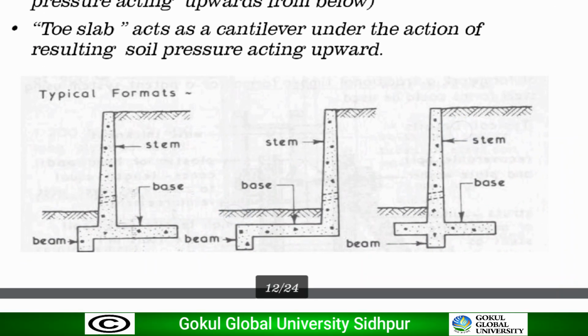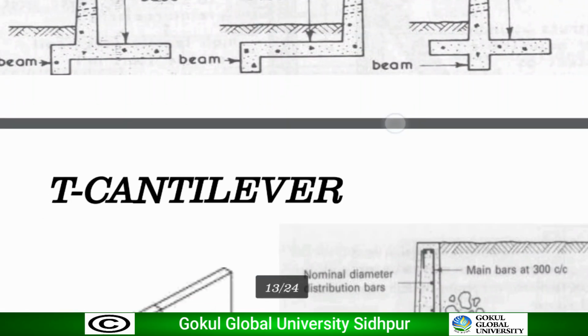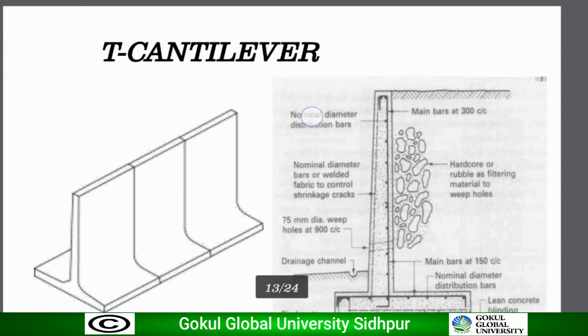In typical format, we can see that cantilever retaining walls are of three types: T shape, L shape, and T shape with shear key. First one, T cantilever.